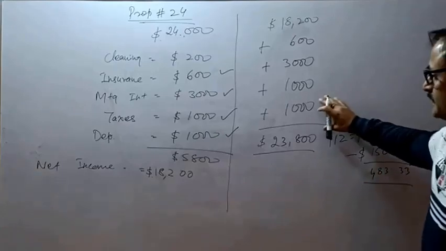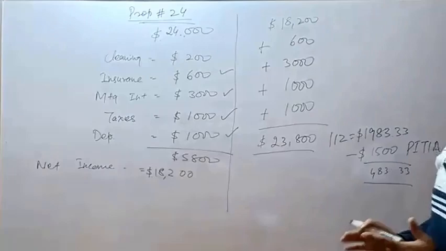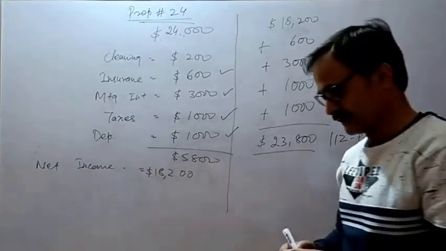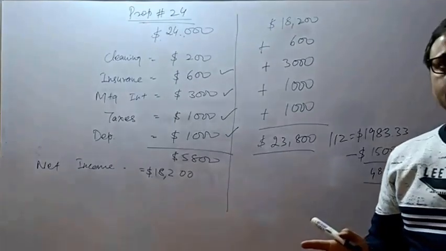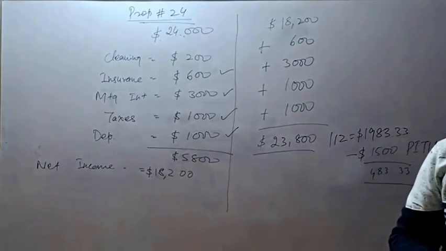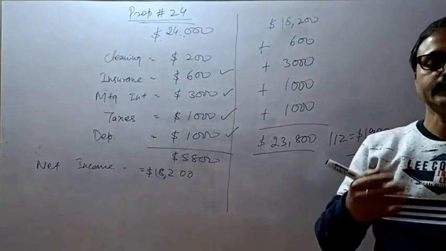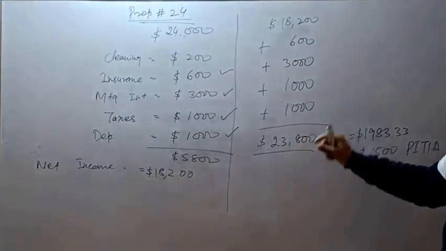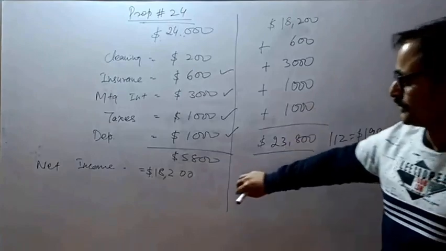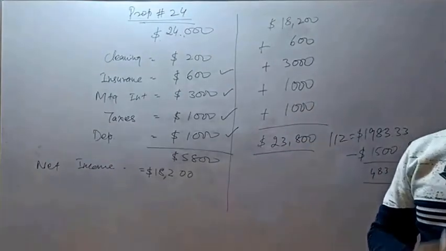So these items always need to be added back. Now, let's say we are calculating an income for a property. For another property, like when the borrower has two or three investment properties, whenever it's a conventional loan, first we need to go to Schedule E part 1.